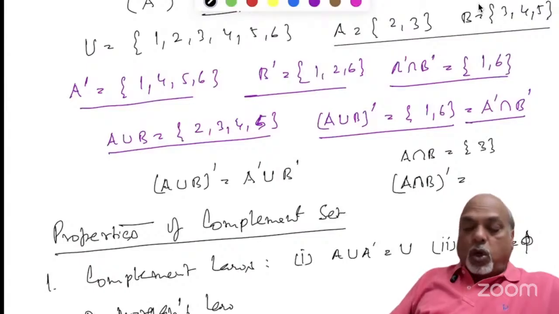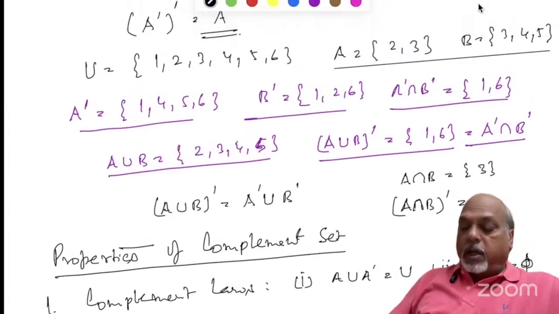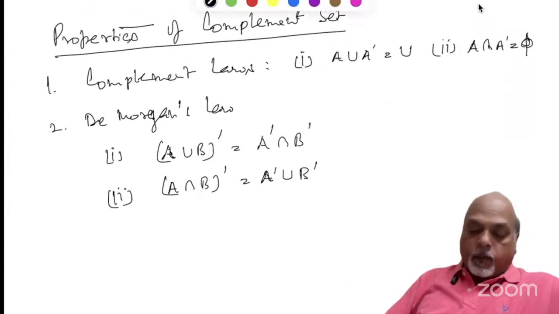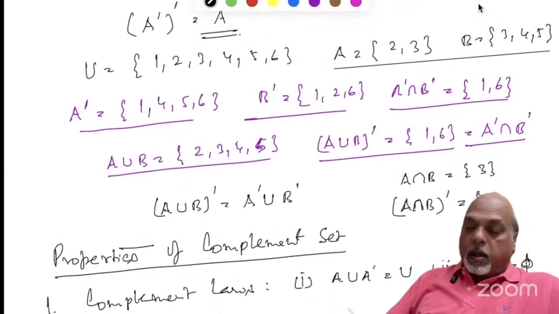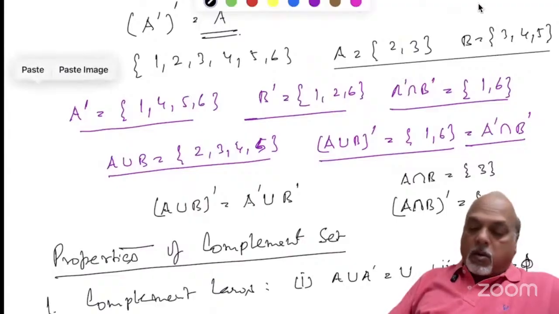What is the complement of this? Complement will be nothing but 1, 2, 4, 5, 6. I think that is correct.